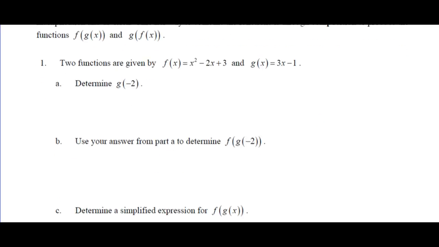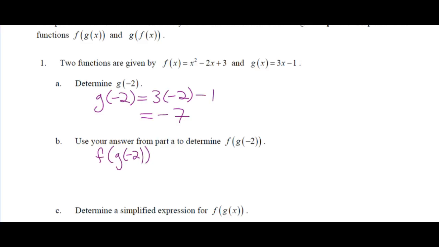Determine g of negative 2. Wow. Okay, we're back to grade 10. But it does say determine, so show your work. Okay, so g of negative 2 is negative 7, right? Easy peasy. Use your answer from part A to determine f of g of negative 2. So f of g of negative 2, okay, wait a sec, what's g of negative 2?